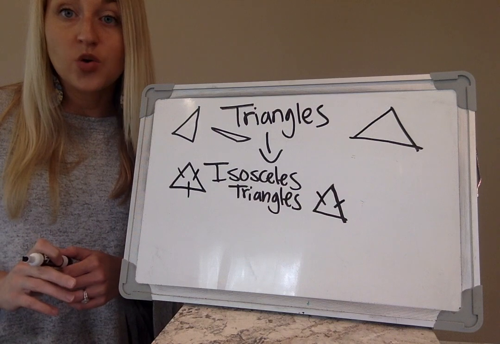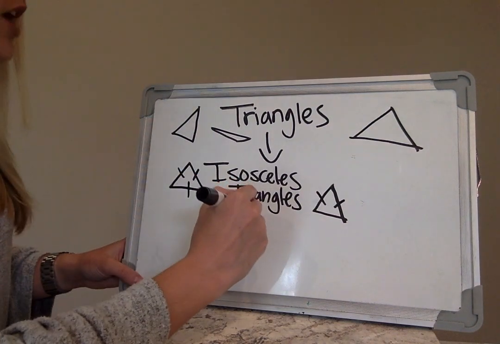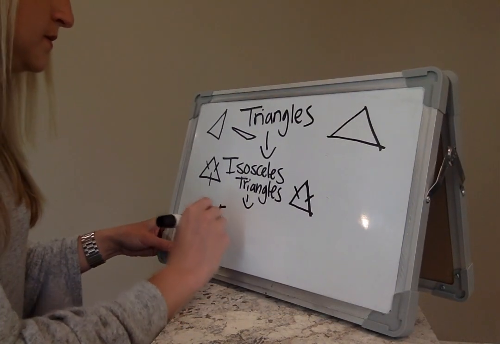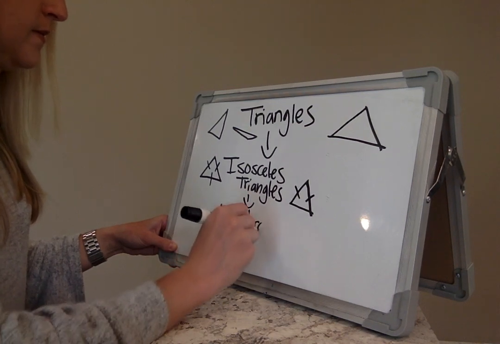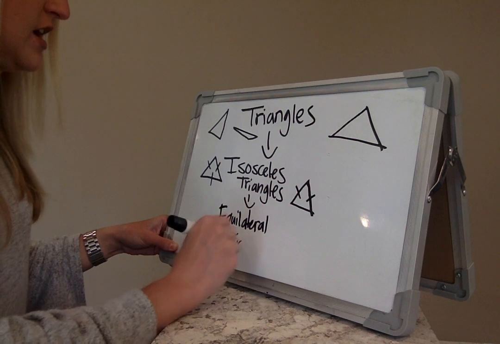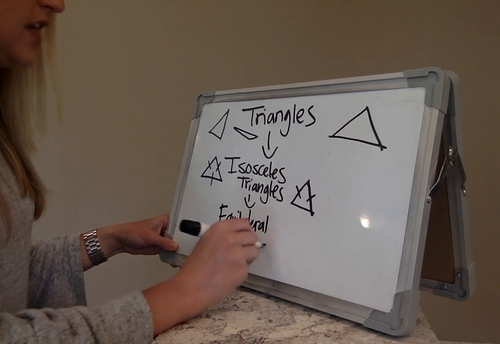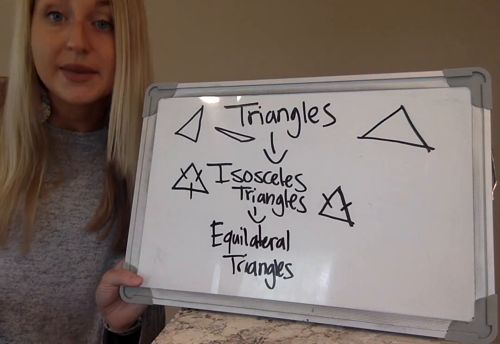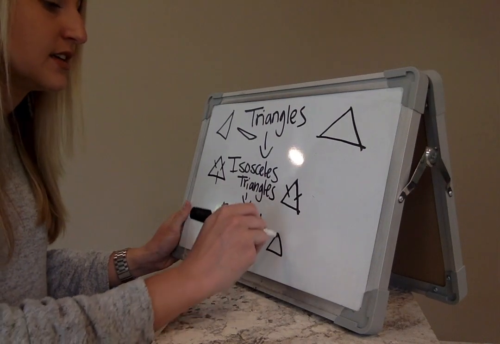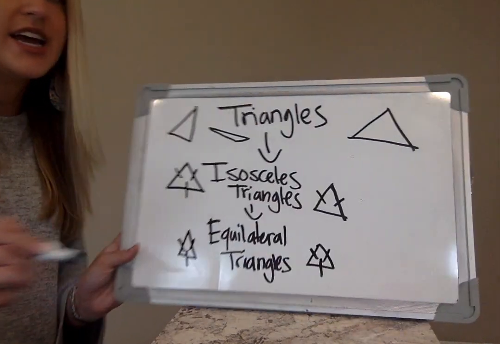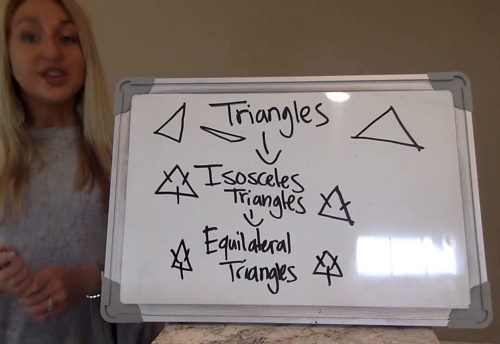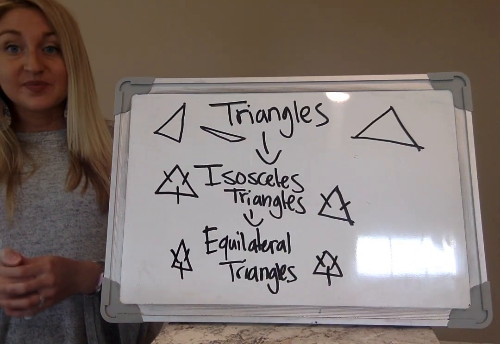One more subcategory I want to add is equilateral triangles. Now, in the word equilateral, you hear the word equal. That means that all sides have to be the same. So, here's why this makes sense.